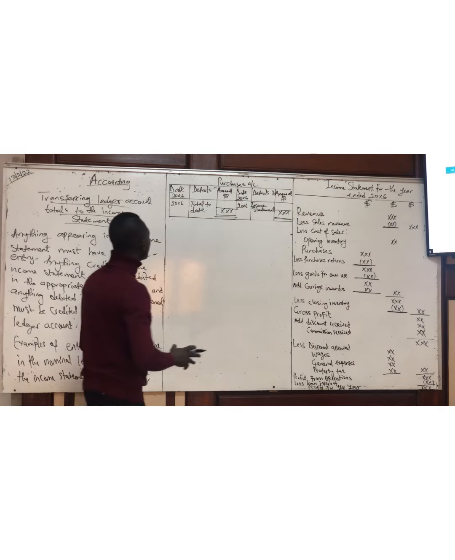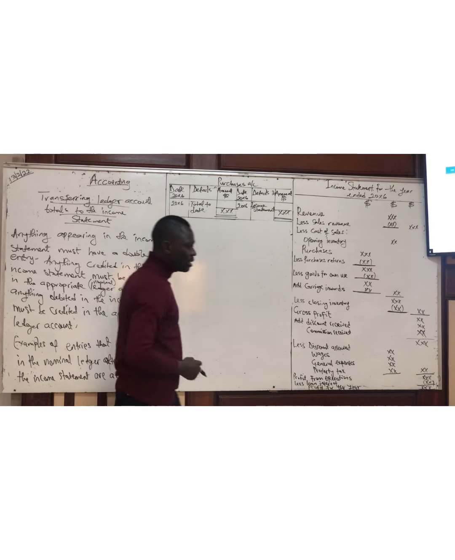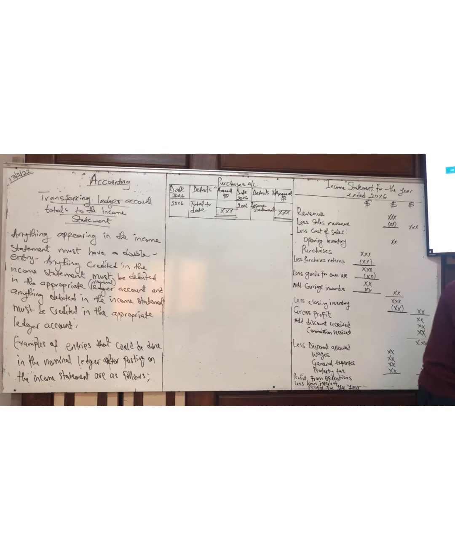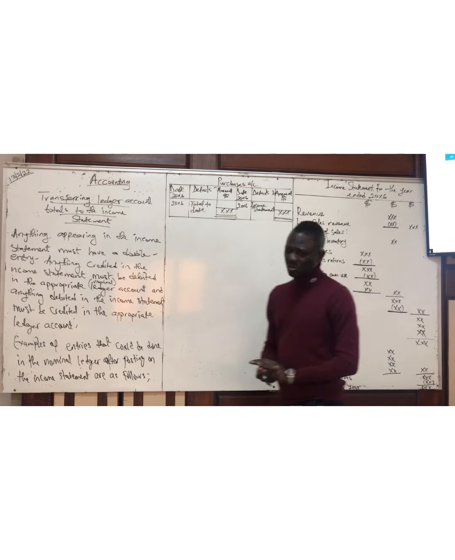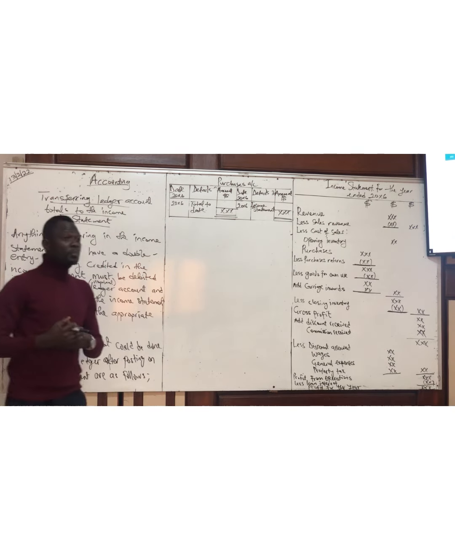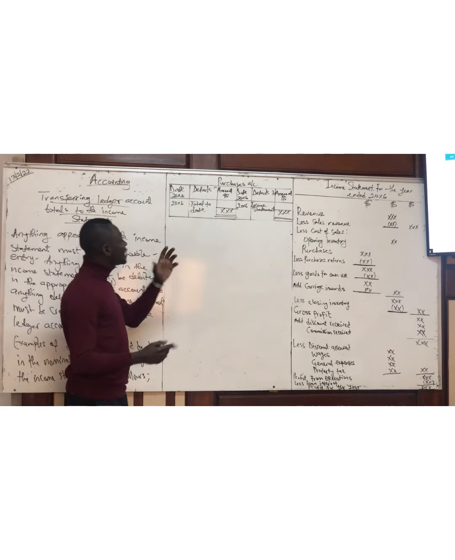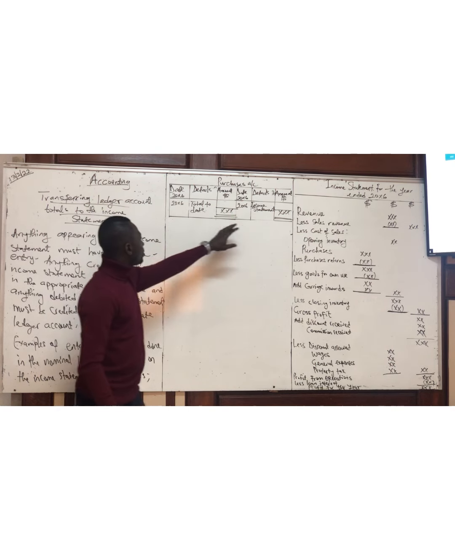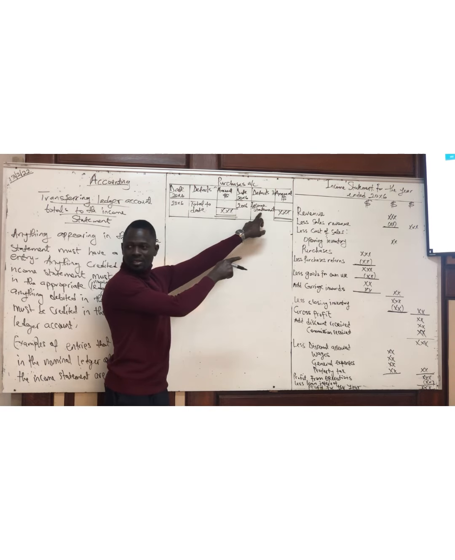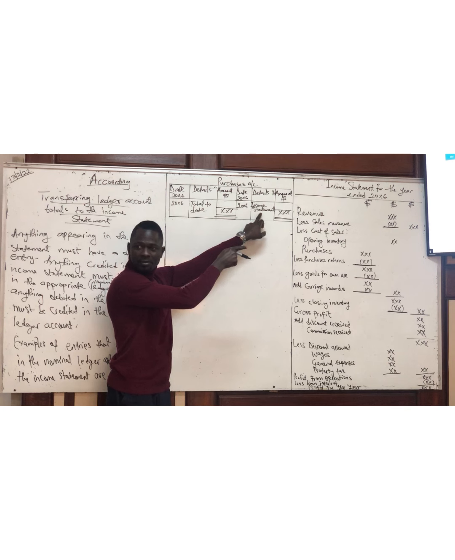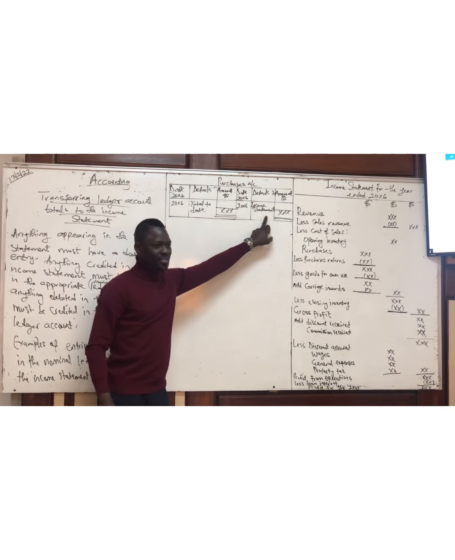So let's take the first one, the purchases account. For the purchases account, you purchase a product, right? It's a debit for you as a business. Yes or no? Because it's a debit for you as a business, it is a debit on the income statement. So your purchases account will become a credit.